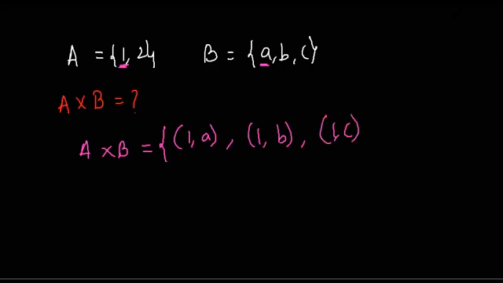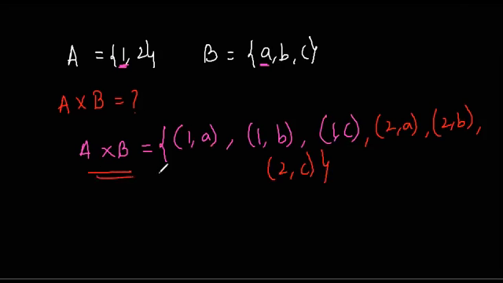Then take the next element from the set A, which is 2, and create all the ordered pairs with B: (2, a), (2, b) and (2, c). This is the Cartesian product.